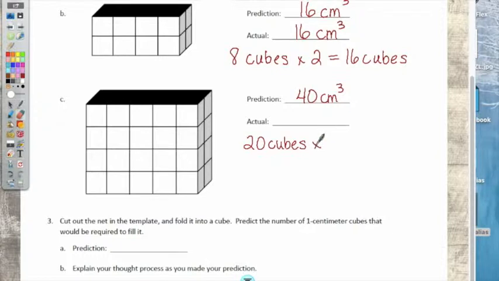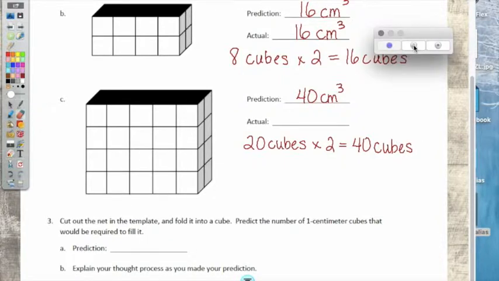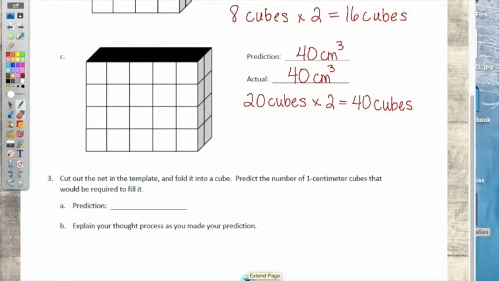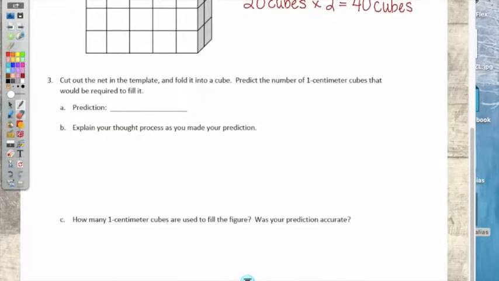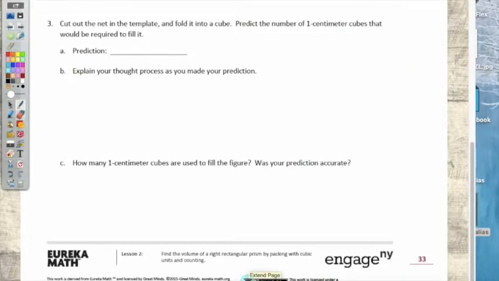So we're going to double 20. And so it will be 40 cubes. Okay, check it please. So for those of you who had enough cubes to build it, was the prediction correct? Yes. Okay, go ahead and fill that in. Okay, move your cubes back, just slide them back. And I need you to do that quickly, right now.